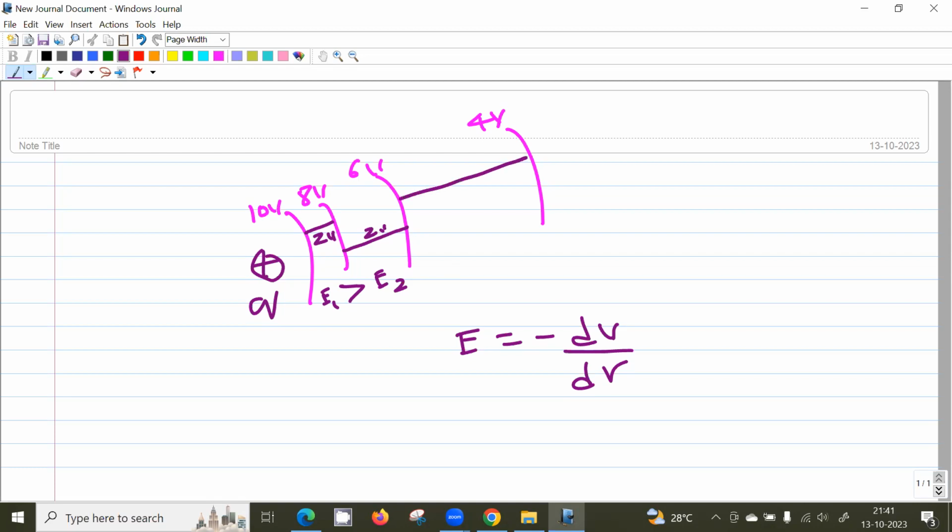Again the voltage drop is 2 volts, but dr is large, so E3 will be less than E2. Is that clear? Yes, sir. Okay.